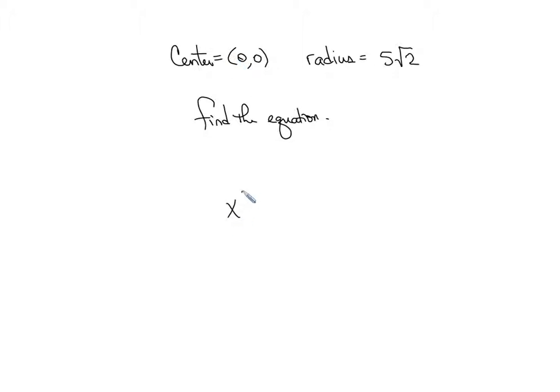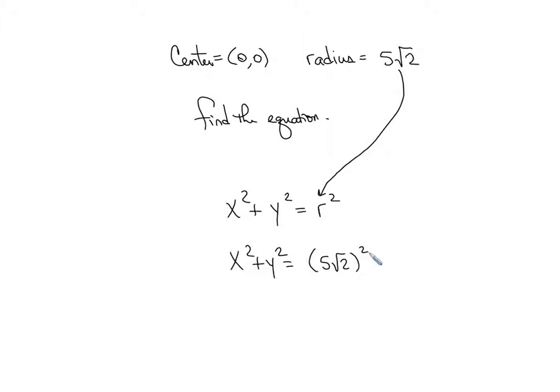Well, center 0, 0 means it's x squared plus y squared equals r squared. So how are we going to find the actual equation if we know that the radius is 5 square root of 2? What do we do with this? Yeah, plug it in, right? So x squared plus y squared equals, don't forget the parentheses, 5 square root of 2 squared.